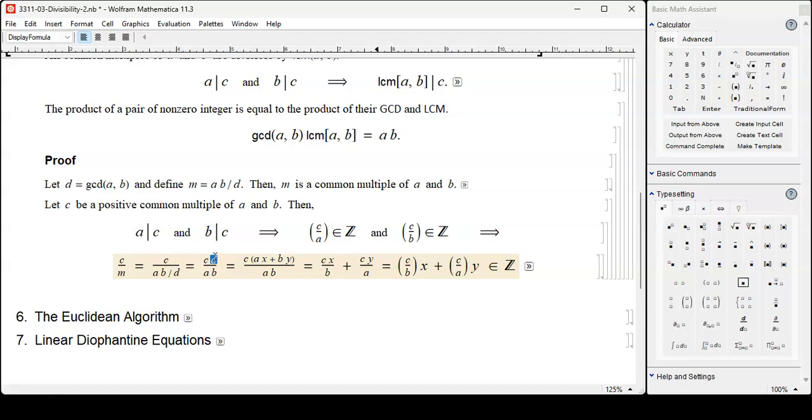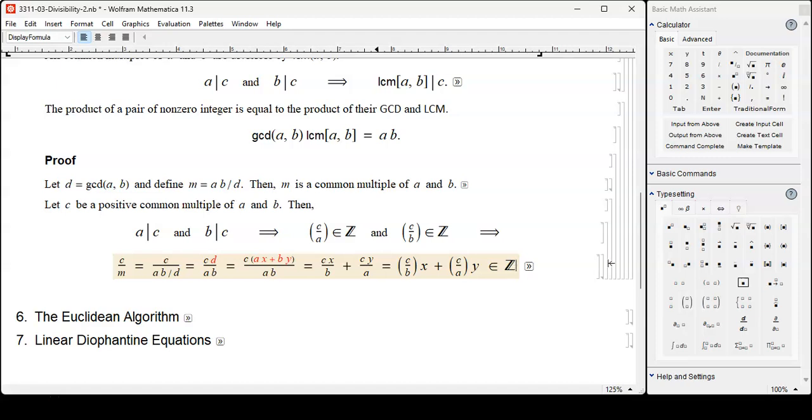And what is this D? AX plus BY form, because of Bezout's theorem. And then if we apply this simplification, A and A cancel out, C over BX, and B cancel out, C over AY. Hey, what do we have? We have a linear combination again.